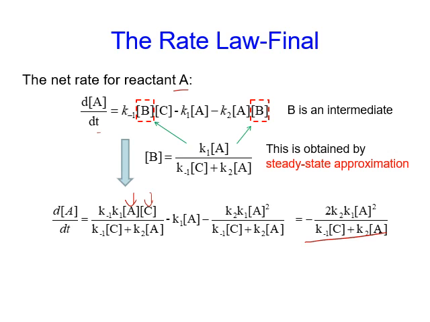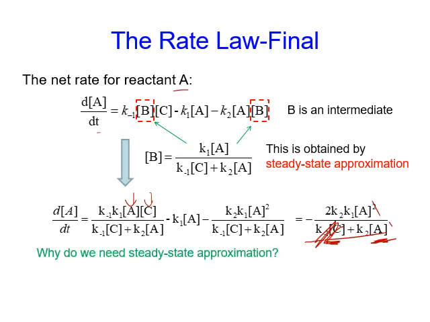For example, if reactant A has a high concentration and product has a very low concentration, then you can ignore the product and this cancels one, and that gives you a first order reaction. In other words, at a high concentration of reactants and very low product, the reaction follows first order kinetics, and this is called a pseudo first order reaction.